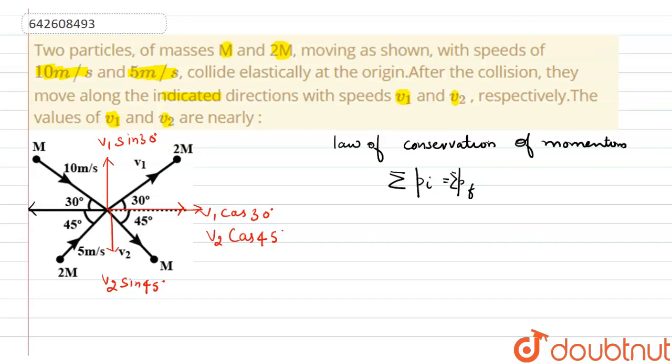So if it's 10 meter per second, this component will become 10 cos 30 degree. Now apply the formula. First, m moving with velocity in the horizontal direction, 10 cos 30 degree: m into 10 cos 30 degree.